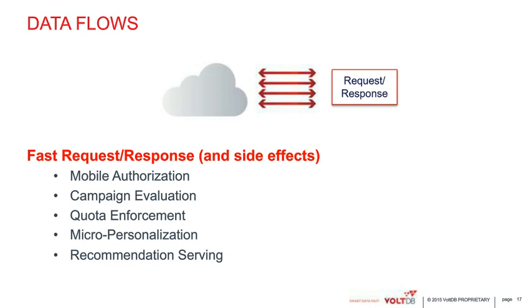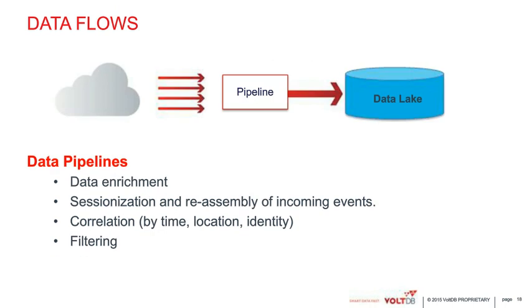All of these are request-response patterns where an application is driving hundreds of thousands of events per second that a real-time database needs to be able to respond to. And finally, there are pipeline data flows. These are places where data is flowing through the fast data stack, and the fast data capabilities are being used to enrich, filter, denormalize, correlate, sessionize these incoming data feeds so that they can be persisted.